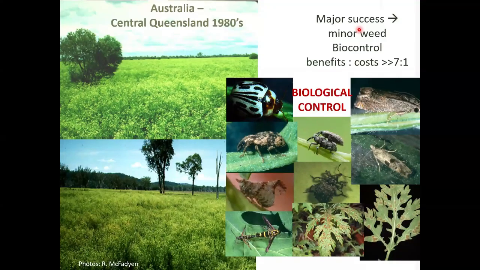The biological control obviously has taken time to build up in number and impact, but even in the 1990s or so, the benefit to cost ratio was about 7 to 1. So for every dollar spent in costs, there were benefits of at least $7, and that was in the 1990s or so. And it's really just with time, those benefits increase.